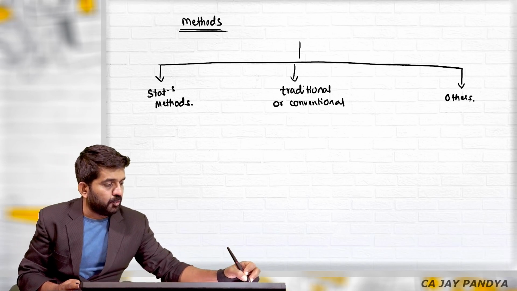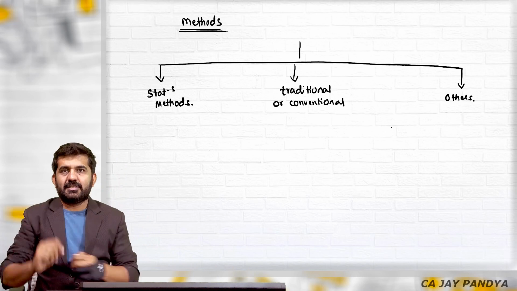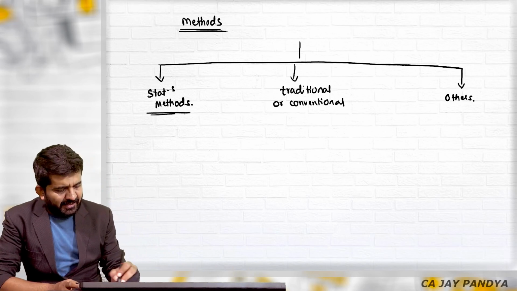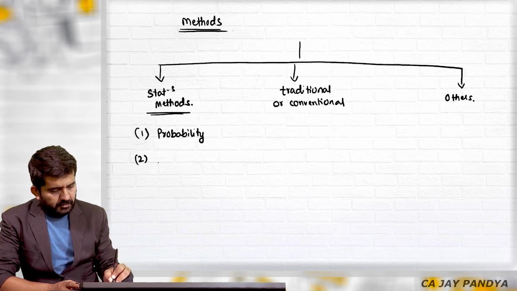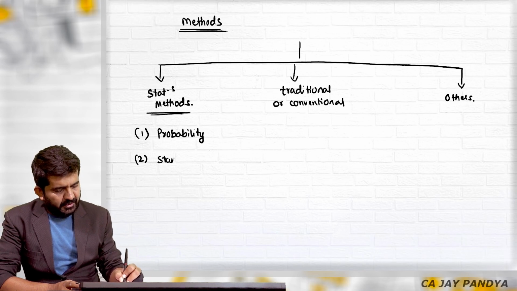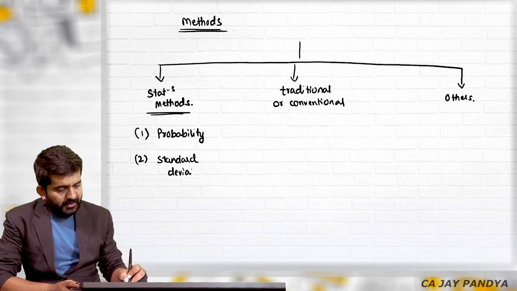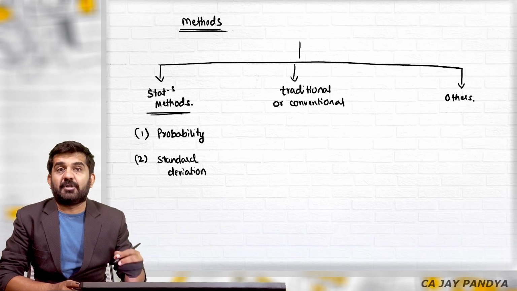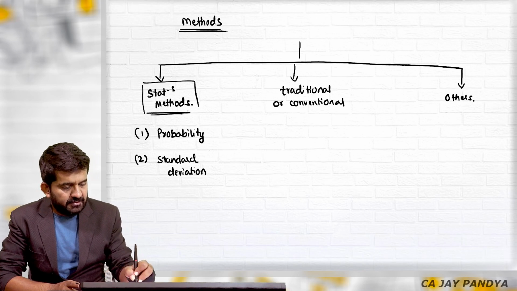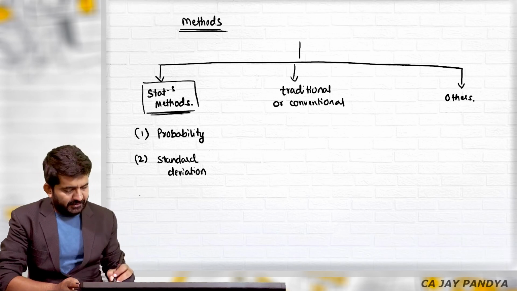And we are going to learn all the methods today. Statistical methods are: number 1, probability method, number 2, standard deviation. You might have learned it in your foundation in the chapter of statistics, because they are statistic methods.